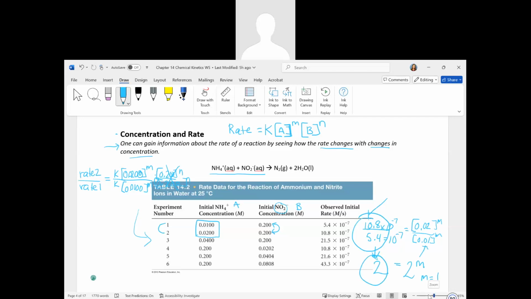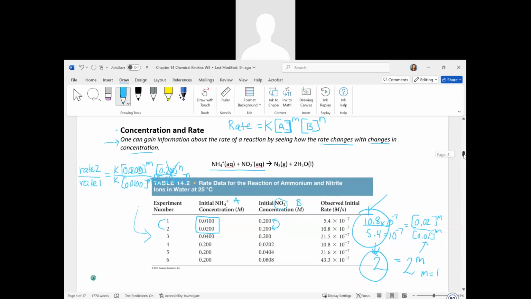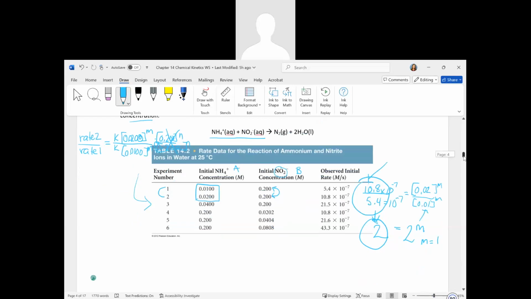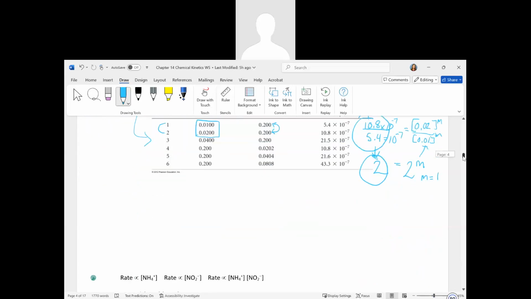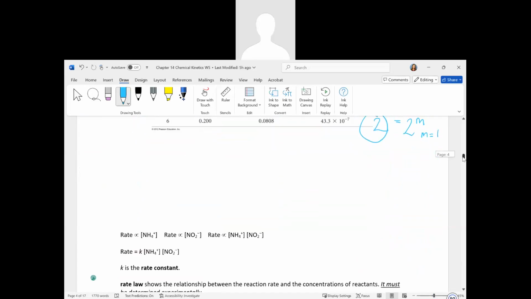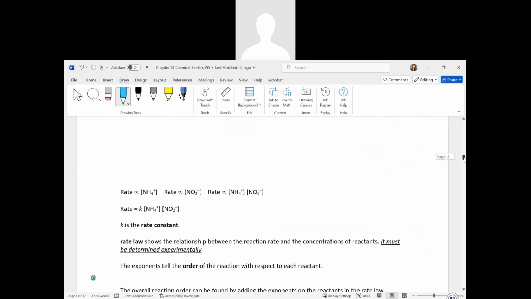So we can see that by doubling the concentration, we double our rate. So that would be a first order relationship or a one-to-one relationship with the increase in concentration for reactant A. And again, this would be that generalized rate equation shown down here for this reaction.